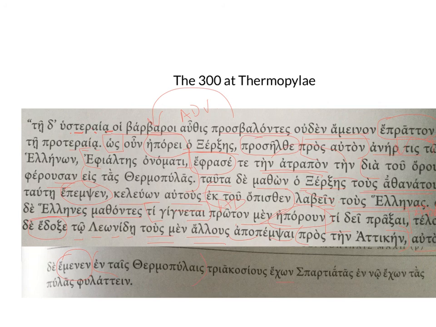Another participle, having triakosious, 300 Spartiatas, Spartan soldiers, and noun echon, having in nous, in his nous, having in mind, phulattein, intending, to phulattein, to guard, tas pulas, the accusative direct object of the verb phulatto, to guard the gates.